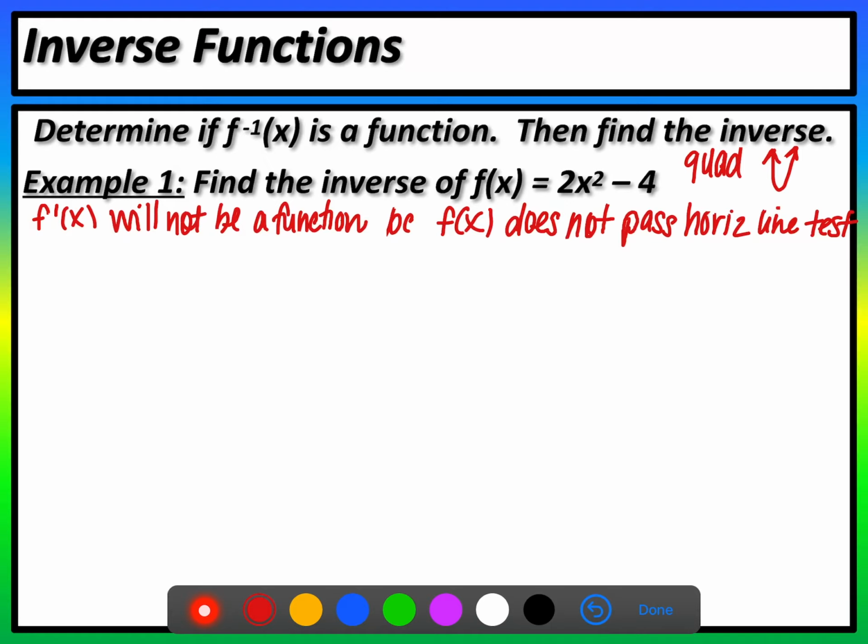They mean the same thing. We can still find the inverse, that's fine. It just means that it won't be a function.